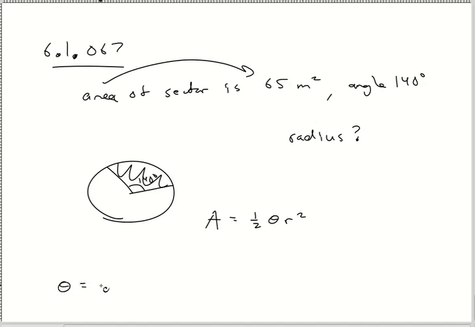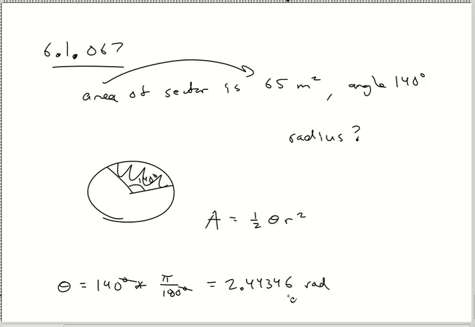So my theta was going to be the 140 degrees, but I have to change it into radians. So I'm going to do pi over 180. Okay. Cancel these guys out. I'm actually going to use my calculator on this. The end of this problem is just decimals, which is easy, I guess. 2.44346 radians.